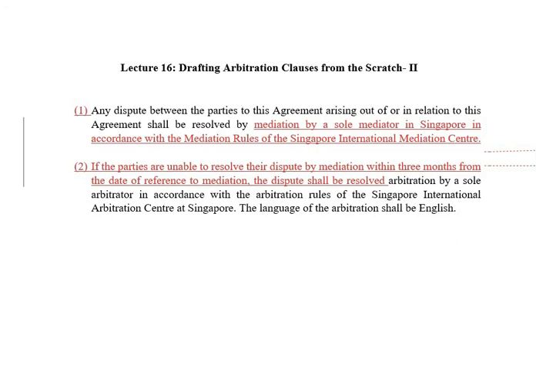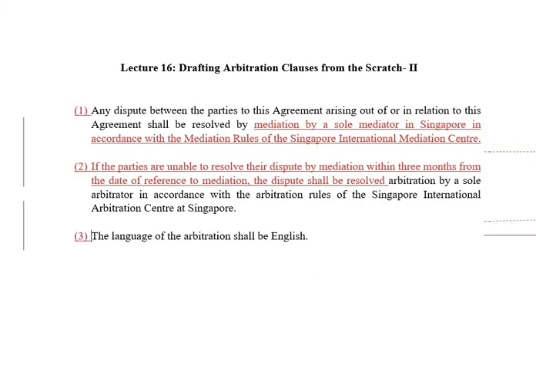Now, there are two tiers here. The first tier is mediation and the second tier is arbitration. So, correspondingly, the clause regarding the language of arbitration may also require modification. So, we move that to subclause 3 and add here the language of the mediation and the arbitration shall be English.